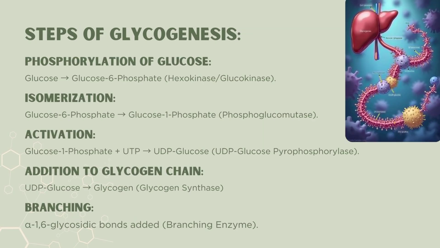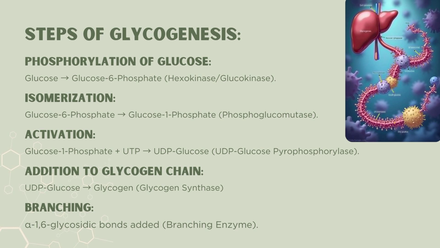Steps of glycogen synthesis. Phosphorylation of glucose. Glucose is phosphorylated to glucose 6-phosphate or G6P by hexokinase or glucokinase. Isomerization to glucose 1-phosphate. Glucose 6-phosphate is converted to glucose 1-phosphate or G1P by phosphoglucomutase. Activation of glucose. Glucose 1-phosphate reacts with UTP to form UDP-glucose, catalyzed by UDP-glucose pyrophosphorylase.